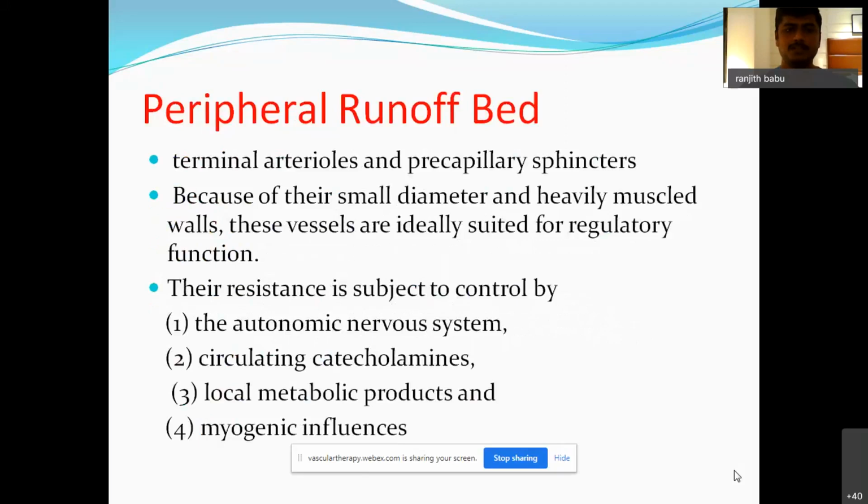The peripheral runoff system resistance consists of terminal arterioles and the precapillary sphincter. Because of the small diameter and heavily muscled wall, these vessels are ideally suited for regulatory functions. This resistance is subject to control by the autonomic nervous system, circulating catecholamines, local metabolic products, and myogenic influences.